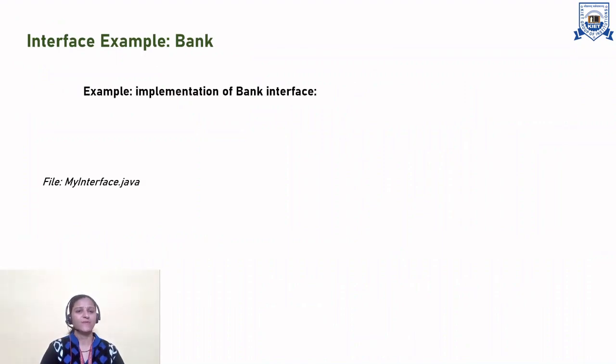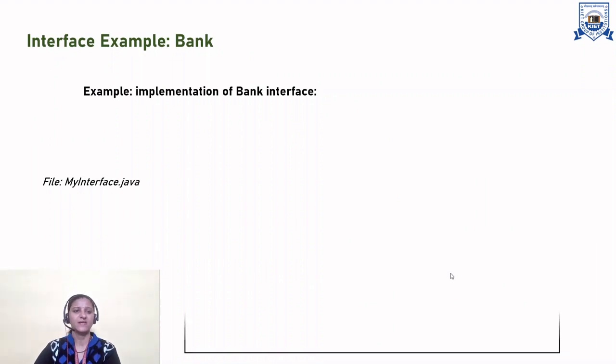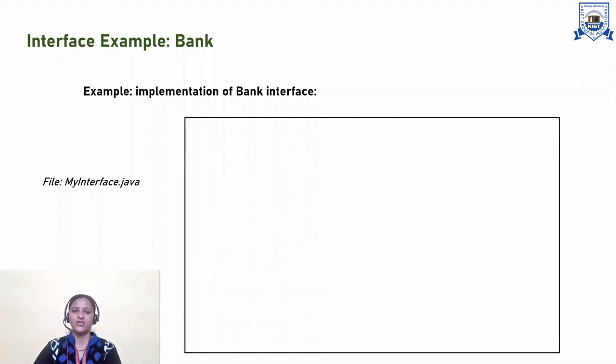Let's take the example of a bank. In this implementation of a bank interface, we made a myinterface.java file. We made the bank interface and took a float attribute, rate of interest. It is basically a method.